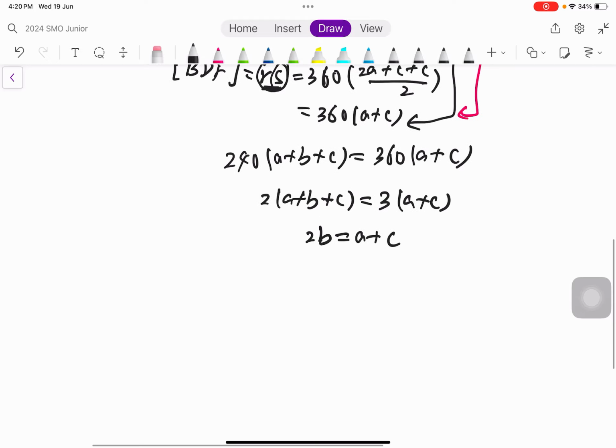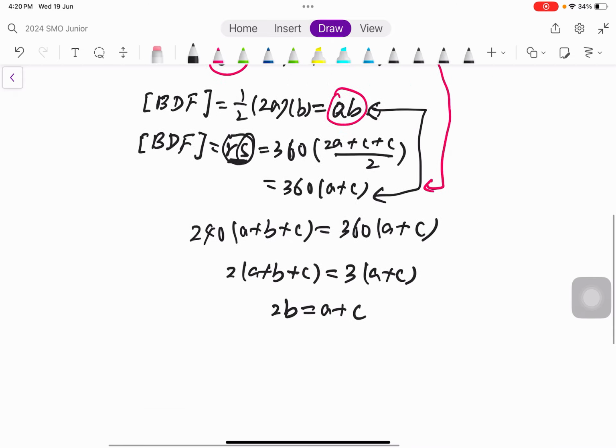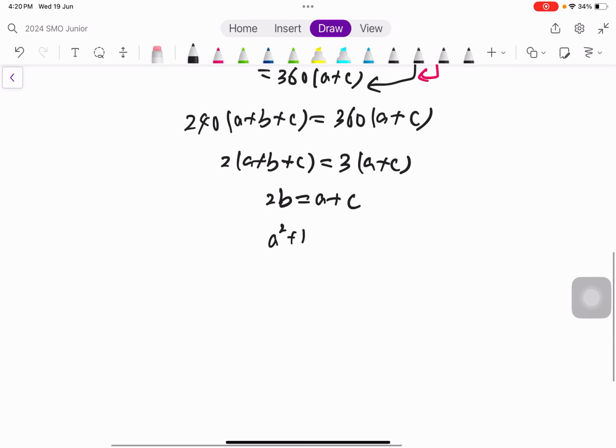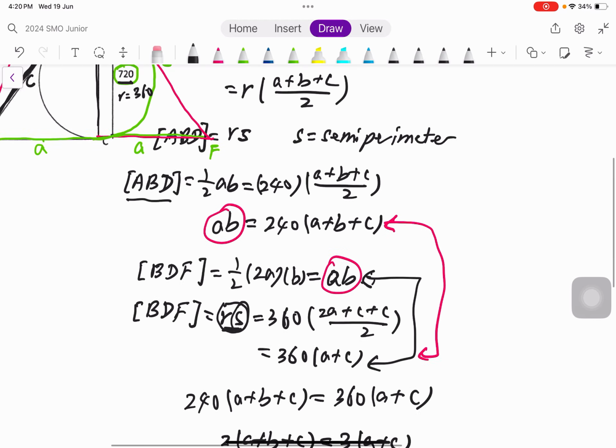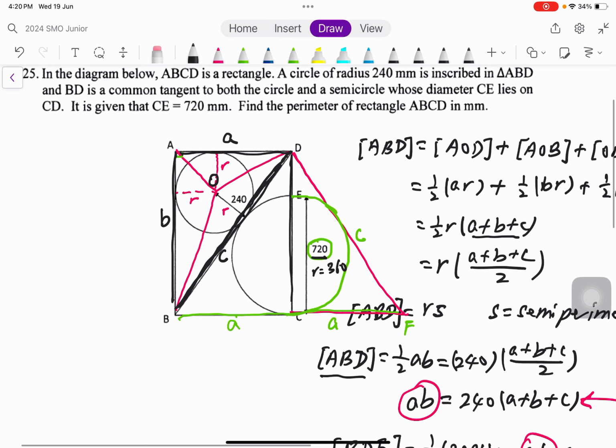All right. And by Pythagoras theorem, you can see that this is a right angle triangle, right? We know that A squared plus B squared is actually equal to C squared. Then can you see that?